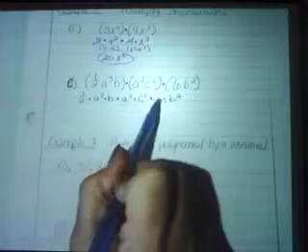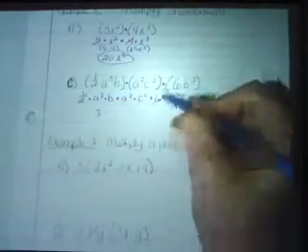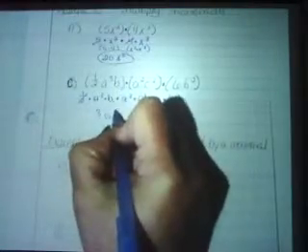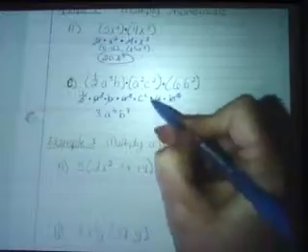When we combine our like terms, we're going to take 1/2 times 6, which is going to give me 3. I'll mark them out after I combine them. And then on my a's, I'm going to have a cubed times a squared, which is going to give me a to the 5th. B's, I have b times b squared, which is going to give me b cubed. And then that leaves me with c squared. And that's all I can do on that one.